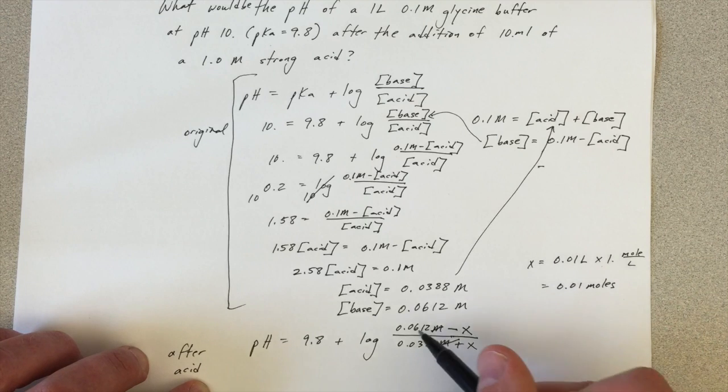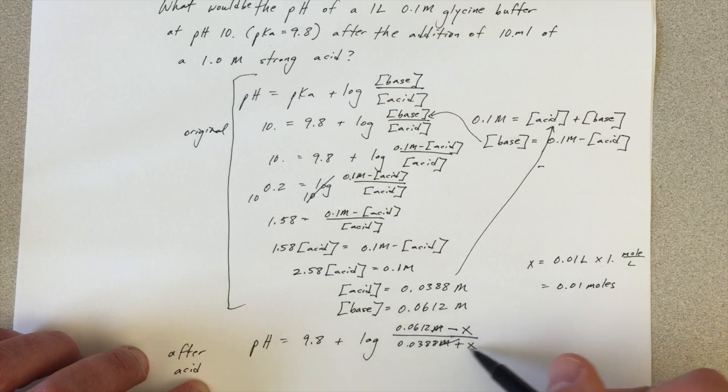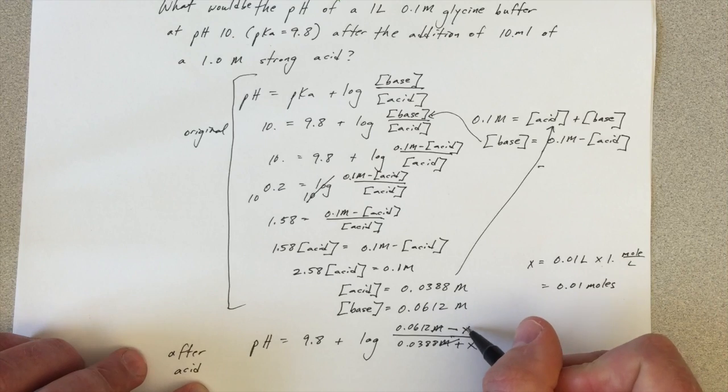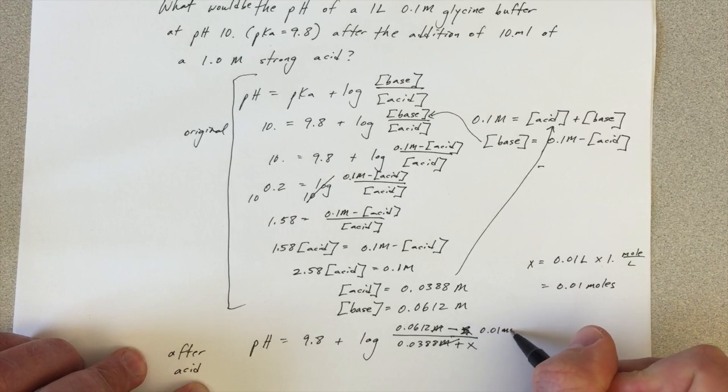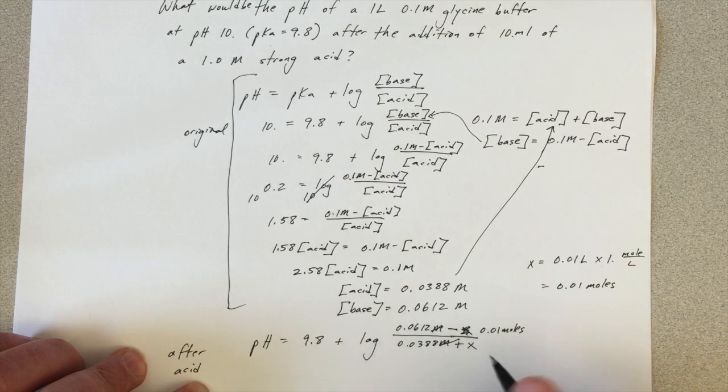And the reason why is because any amount of liters that I have here is just going to cancel out as part of this ratio. So I like to just have the number of moles here. So I'm going to substitute X for 0.01 moles. I'm going to subtract that from the top, and I'm going to add it to the bottom.